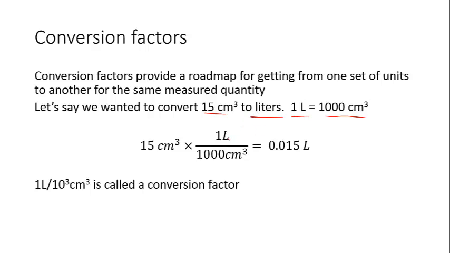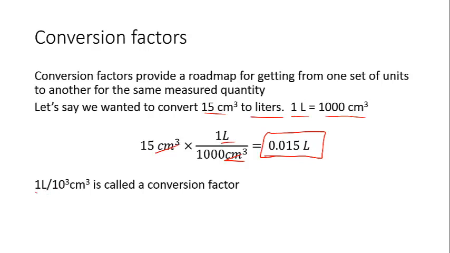First, you want to set up a conversion factor, and you put the units that you want to cancel in the denominator of this expression and the desired units in the numerator. And so this allows for the cubic centimeters to cancel. And you see when you multiply 15 times 1 over 1,000 that 15 cubic centimeters is equal to 0.015 liters.